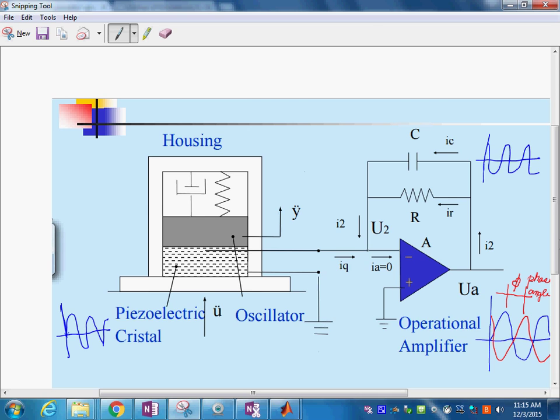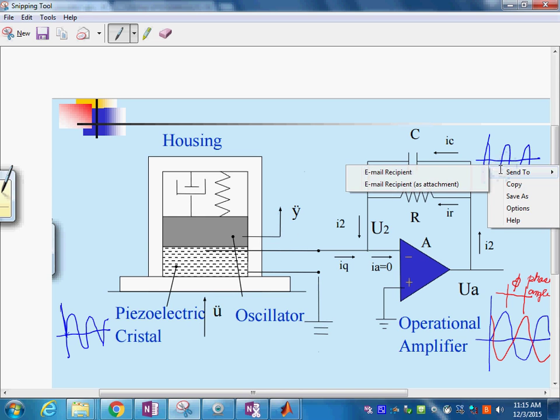I am going to make a plot for every frequency that I put in on this side. For every frequency, I want to record the amplitude of the signal and also the phase angle. And I need to do that in a certain way.